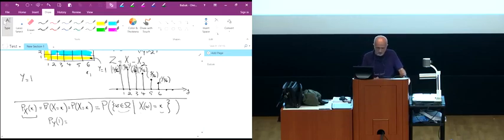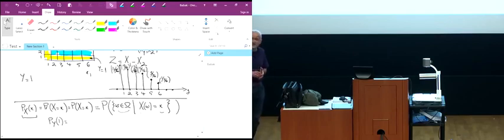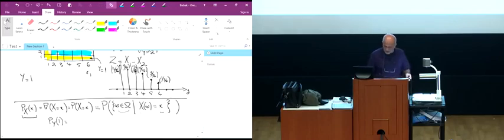I'm mapping each of these countable outcomes into a set of countable values along the real axis. That's why we call them discrete random variables. We don't use the term probability mass function when we talk about continuous random variables. We use the term probability density function, but we'll get there.